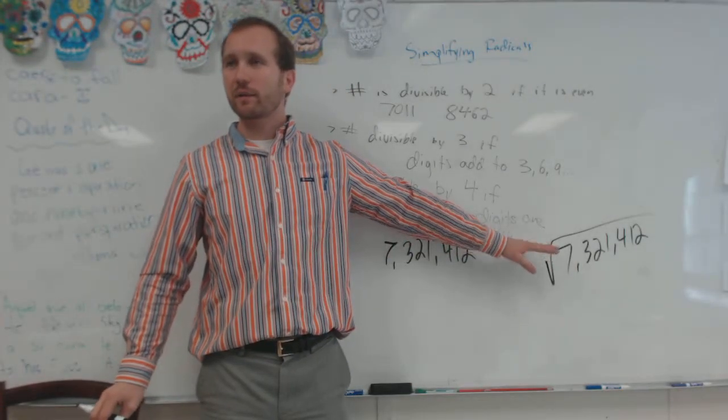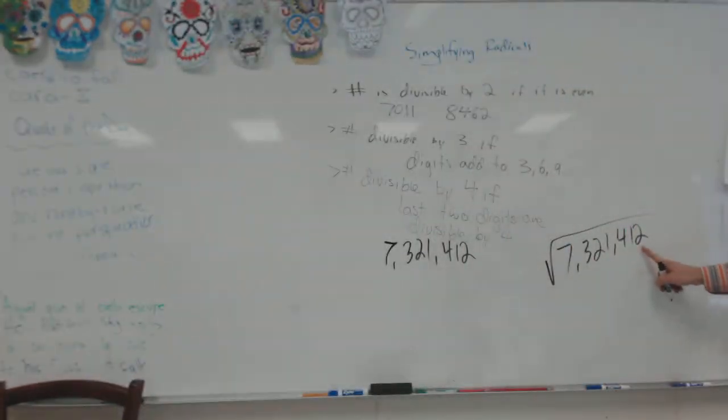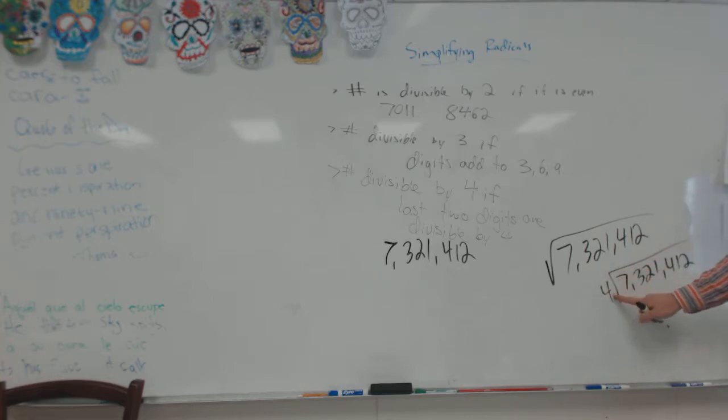It would take you a long time. But you would know immediately, oh wow, this is divisible by 4 because my last two digits are divisible by 4. And then what you would have to do to solve this is divide 4 into that. 4 goes into 7 once. 4 times 1 is 4. 7 minus 4 is 3. 4 goes into 32 8 times, which is 32, so we have 1 left over.